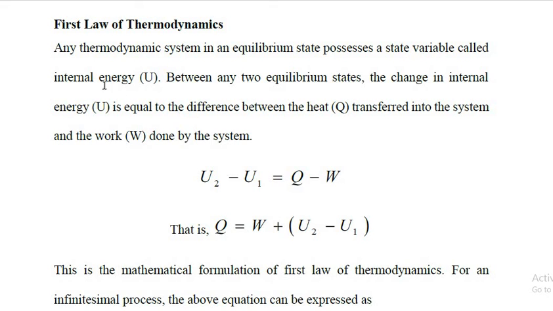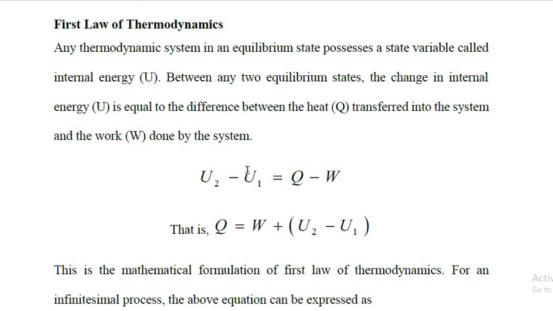Internal energy is nothing but the total energy of the system when the system is not acted on by an external force. This is mathematically expressed as U2 minus U1.